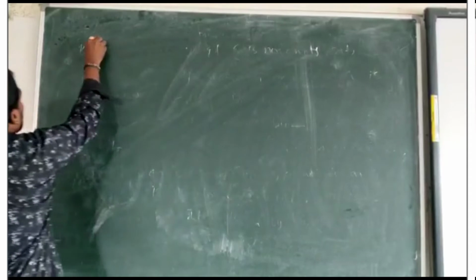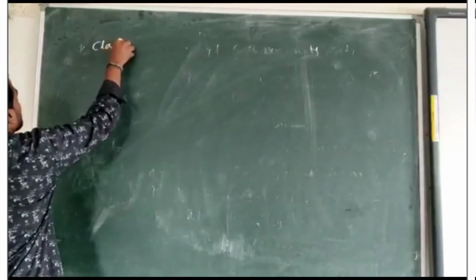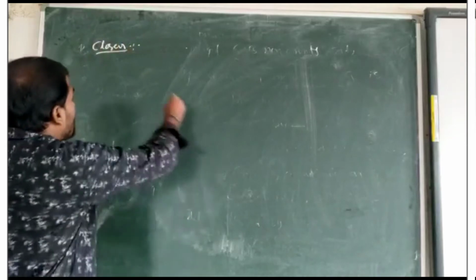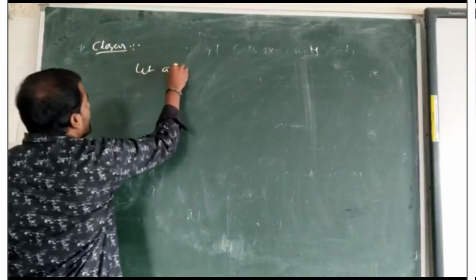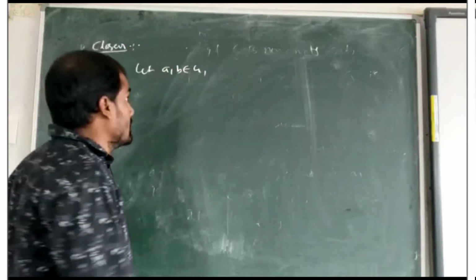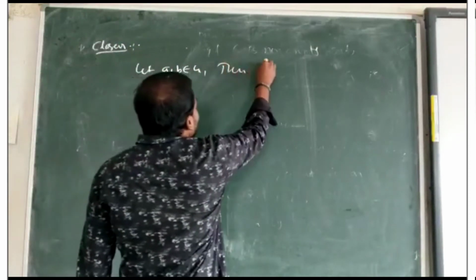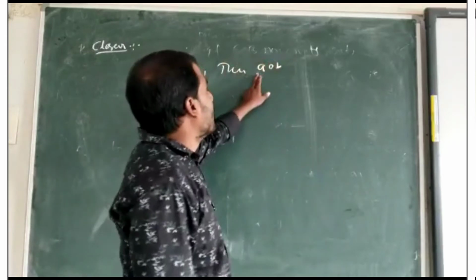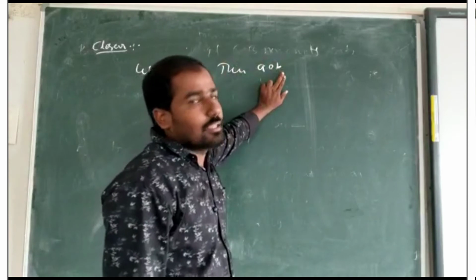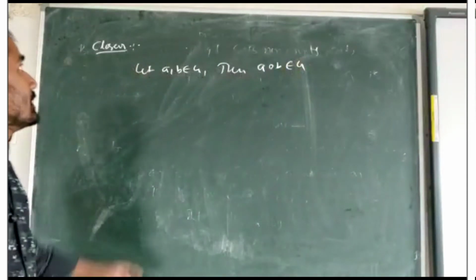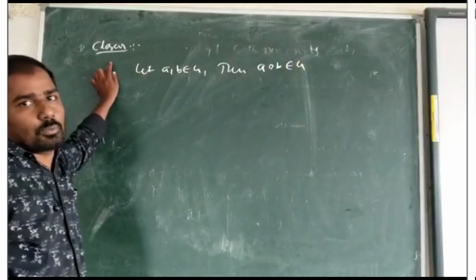Now, first property is the closure property. Let a, b belong to G. Then a circle b, the binary operation, belongs to G. Then this is the closure property.